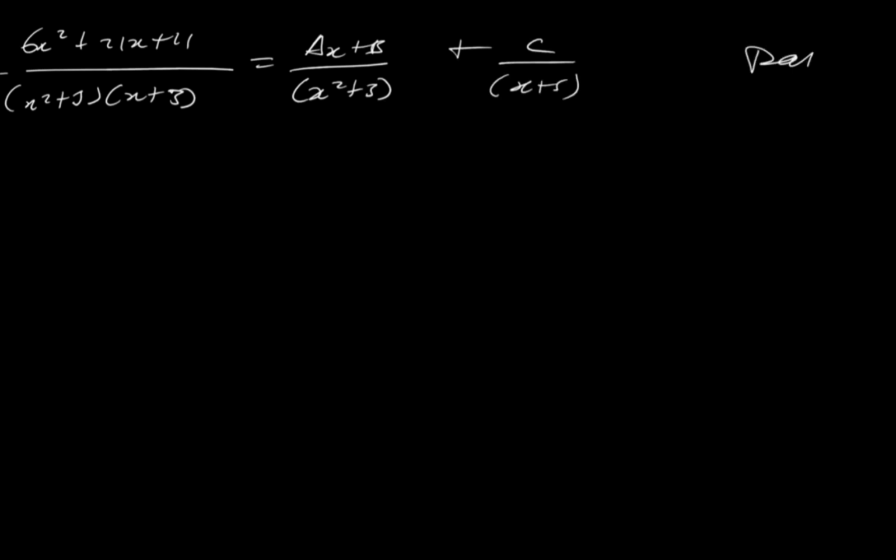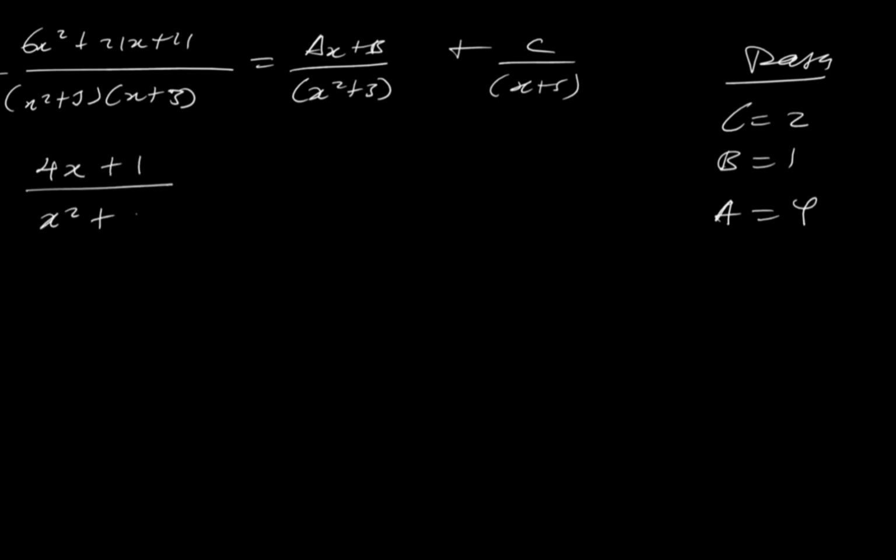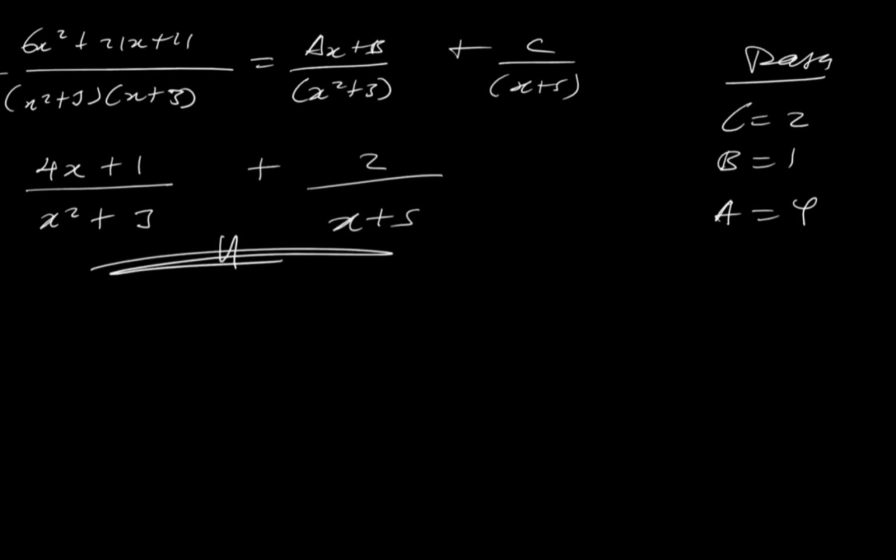Now remember, in our data, we have found the following. C is 2, b is 1, and a is what? 4. So you can just plug. So say 4x plus 1 over x squared plus 3 plus 2 over x plus 5. This is our decomposition. Simple as that.